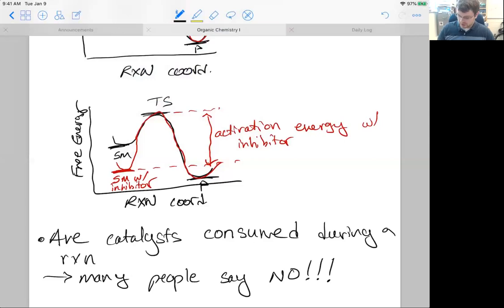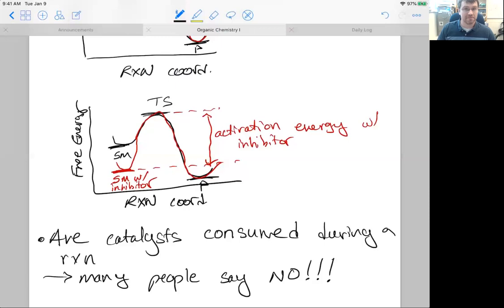Okay, so I should be careful here, because I want everybody to do well in all their classes. And so if you have an instructor that says the catalyst is not consumed and they want you to provide that definition of a catalyst, something that speeds up a reaction and is not consumed, that's fine. That's not truly what happens.